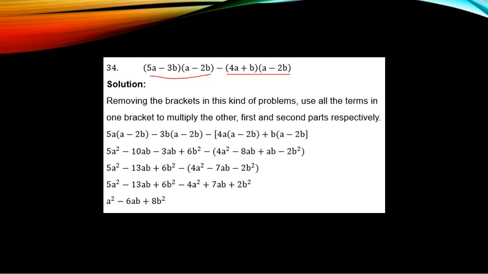So the first bracket, the first term is 5a. So 5a multiplies the second bracket. You have it in this form. Still in the first bracket, the second term is minus 3b. It multiplies the second bracket. Okay? The second part, the first bracket, the first term is 4a. 4a multiplies the second bracket.